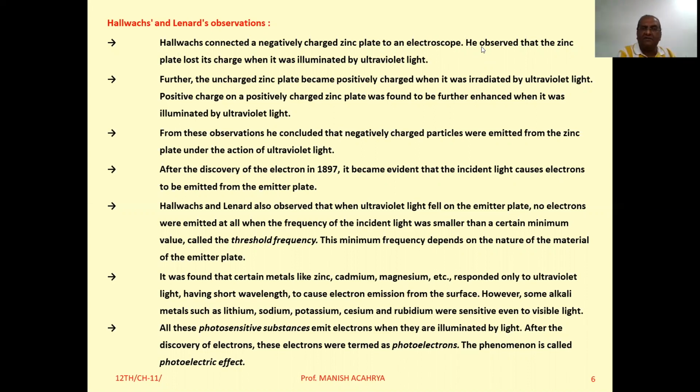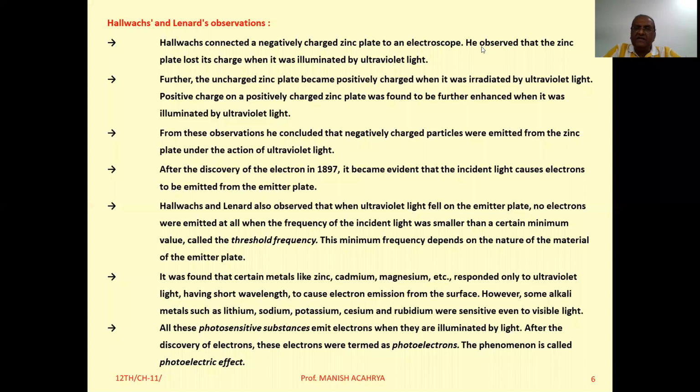When ultraviolet light is incident on the zinc plate, negatively charged particles are removed from it, and these negatively charged particles are nothing but electrons. So they proved that when ultraviolet light is incident on the zinc plate, electrons are emitted from the zinc plate.